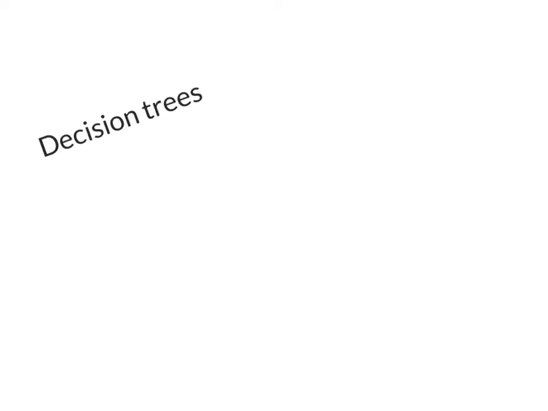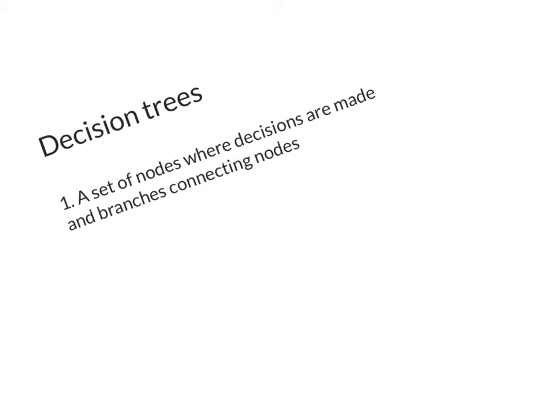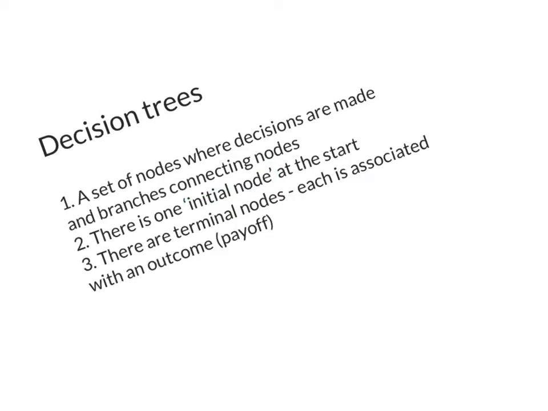Let's start by running through the elements that make up a decision tree. The first thing is we're going to need a set of nodes. Now these are points in time where decisions are made. We're going to have branches that connect these nodes. The first node in the decision tree, or the initial node, is going to start the process off, and there can only be one of them. We're going to have a set of terminal nodes.